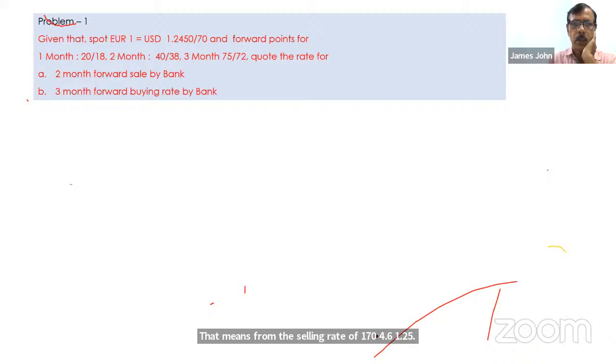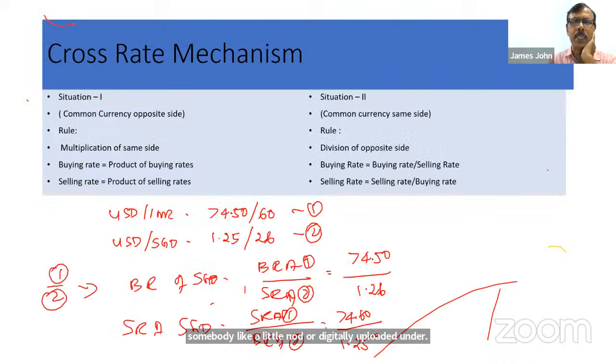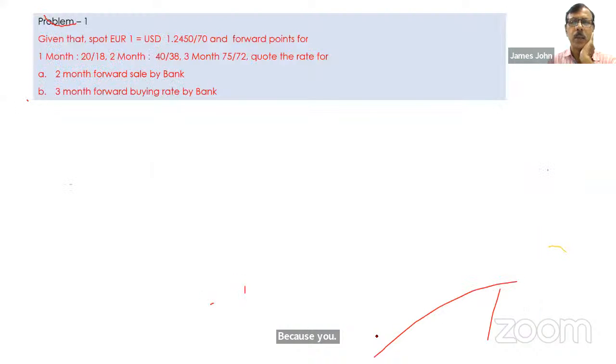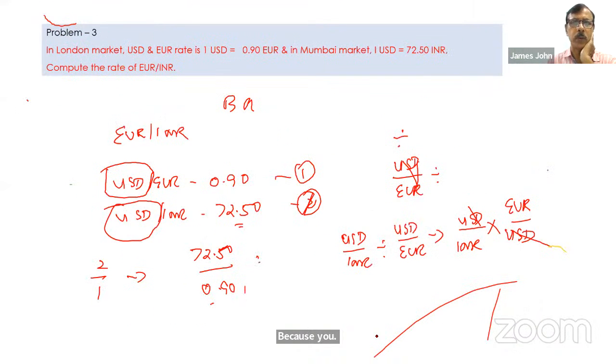Now, for simplicity, I have put 2 decimals, because as per FEDAI guidelines you have to round it off to 4 decimals, and the third and fourth decimal should be a multiple of 25. Sometimes we take 4 decimal points, but sometimes we do it with 2 decimal points.